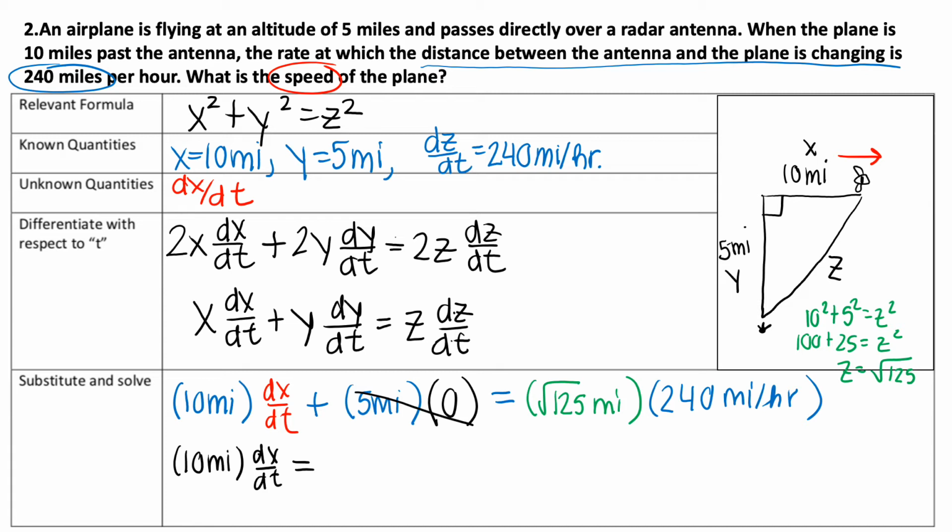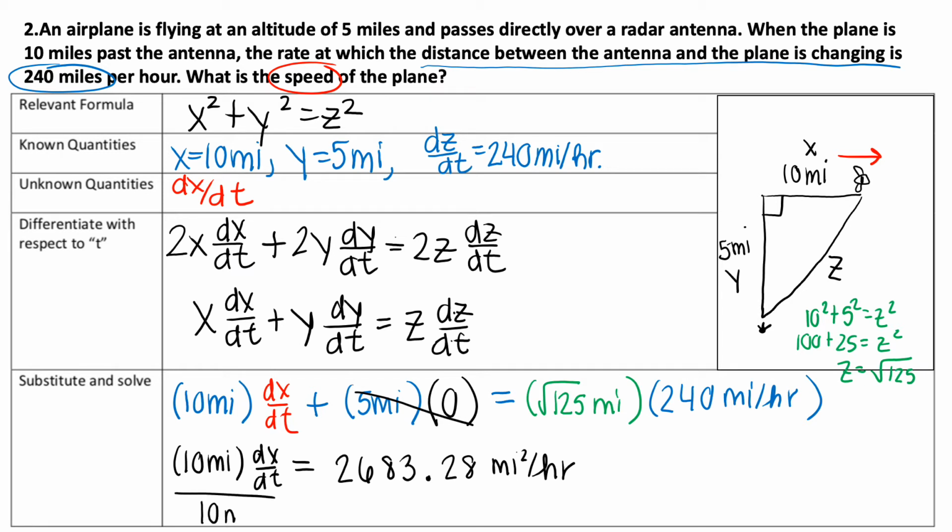So the square root of 125 is like 11.18, times 240 gives us 2,683.28, rounding to the nearest hundredth. And then I have miles times miles per hour gives me miles squared per hour.